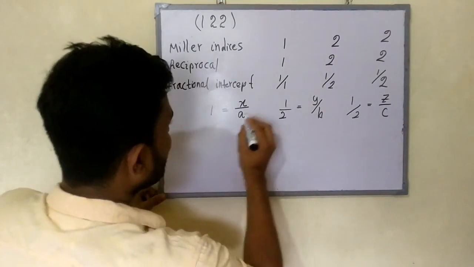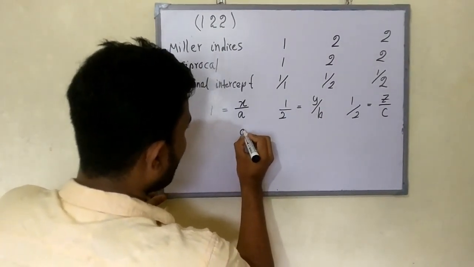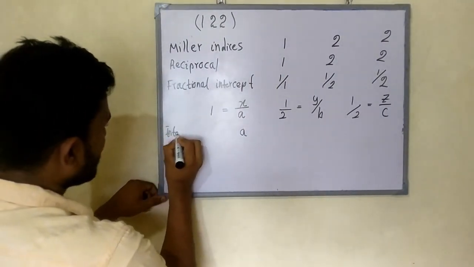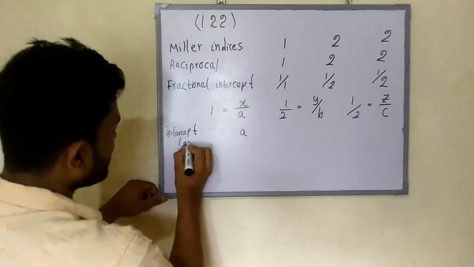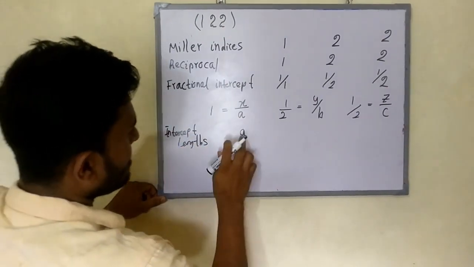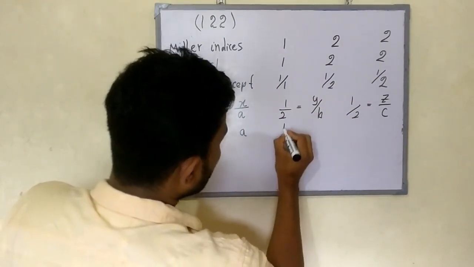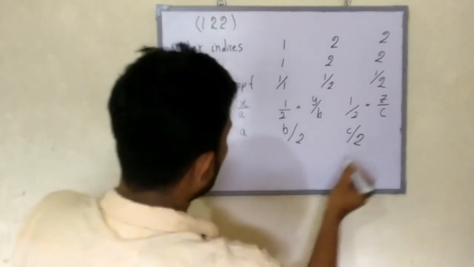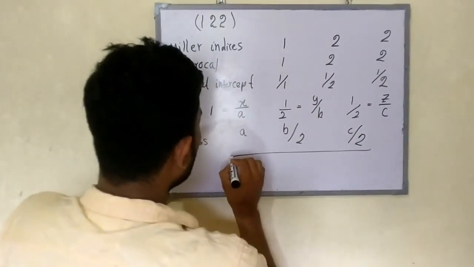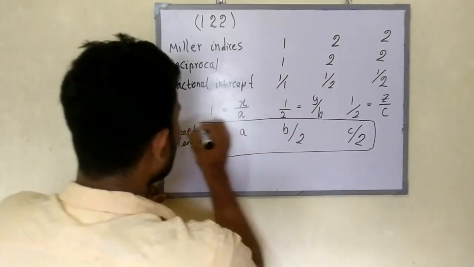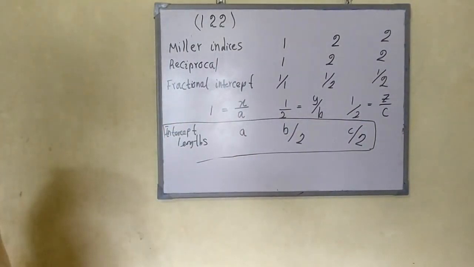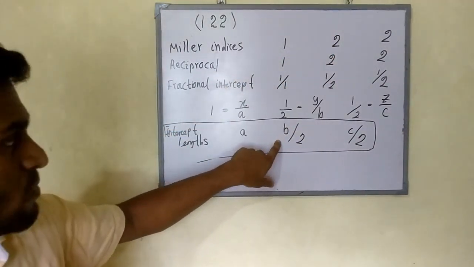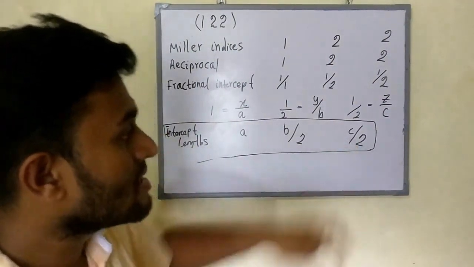From that you can write the intercept lengths: here a, here b over 2 and that is c over 2. So these are the intercept lengths you need to find out by using the Miller indices. According to this, the value is a, for the next one it is b over 2 and for the last one it is c over 2.